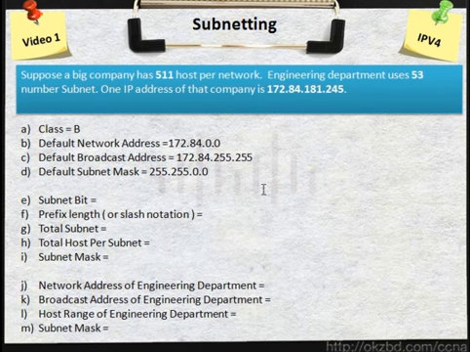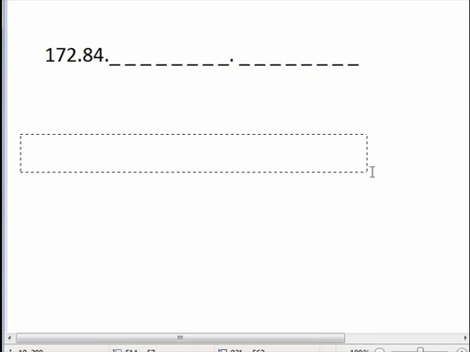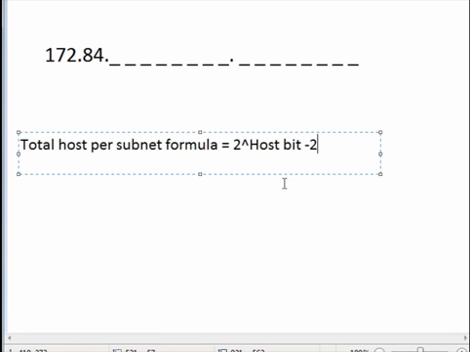Subnet bit. To find out the subnet bit, we need information about total subnets or networks, but as it is not available, we will go the other direction. First we will find out hosts per subnet. Now the question says the company has 511 hosts per network. The formula for total hosts per subnet is 2 to the power host bits minus 2.